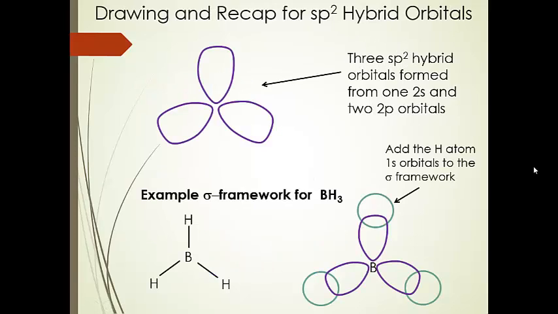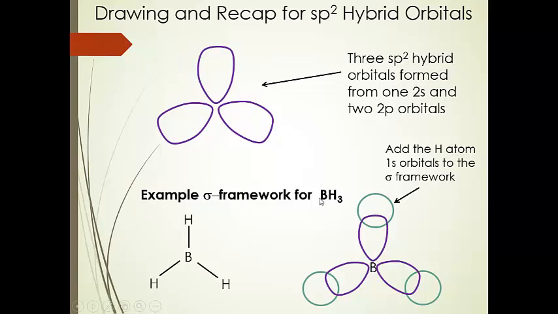Okay, so now for sp2 hybrid orbitals, when we made sp2 hybrids, we mixed a 2s and only 2 of the 2p's. Okay, so s, there's the 2s, p, and then 2 of them, sp2. All right, if we mix 3 atomic orbitals, we get 3 hybrid orbitals out, and these are arranged in a trigonal planar configuration with bond angles of 120 degrees.